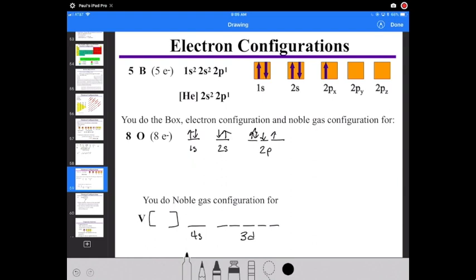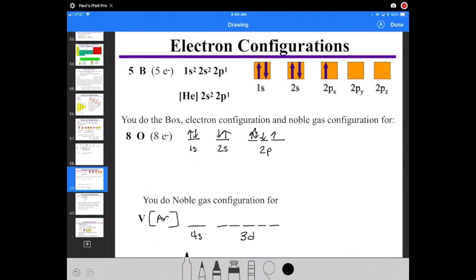If I do vanadium, vanadium is number 23. I can start with 1s and go all the way through. But remember, chemists are lazy, so we try to take a shortcut. We say vanadium looks just like argon, and argon represents 18 electrons. And then what's left?